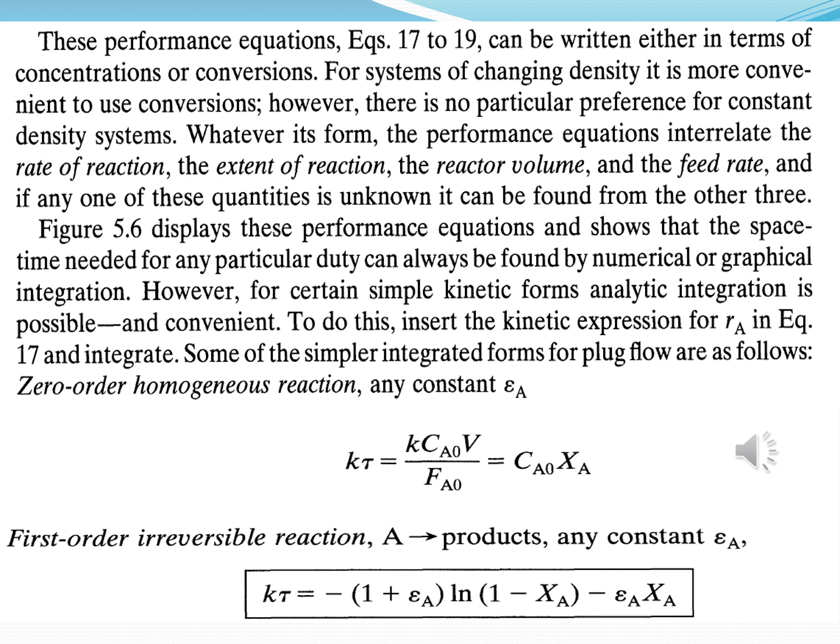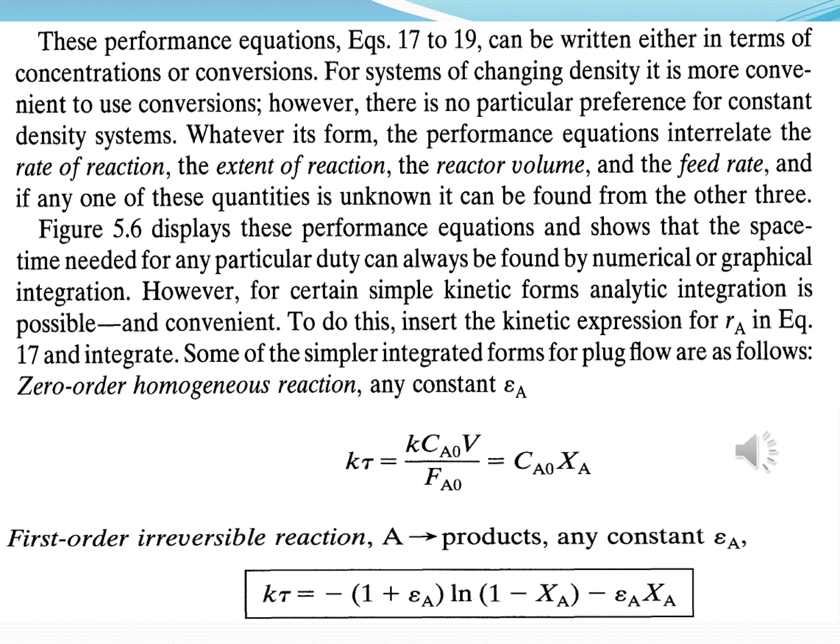So for all the performance equations for different orders and different types of chemical reaction, reversible, irreversible, varying density or constant density, we can solve the integration by simple numerical methods also, which is easier. So you don't need to solve the detailed integration. Just put the values in the final formula and you can calculate the answers.